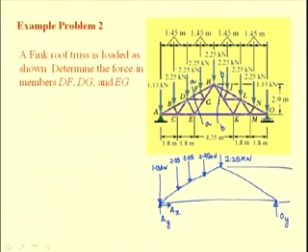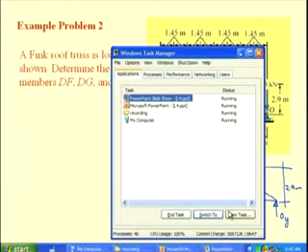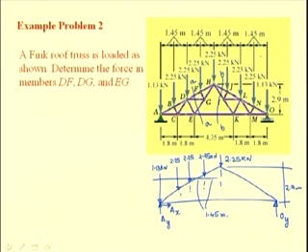Some dimensions are required to compute the moment arm. All these individual distances are 1.45 meters. Let us use this free body diagram to compute the reaction at A.